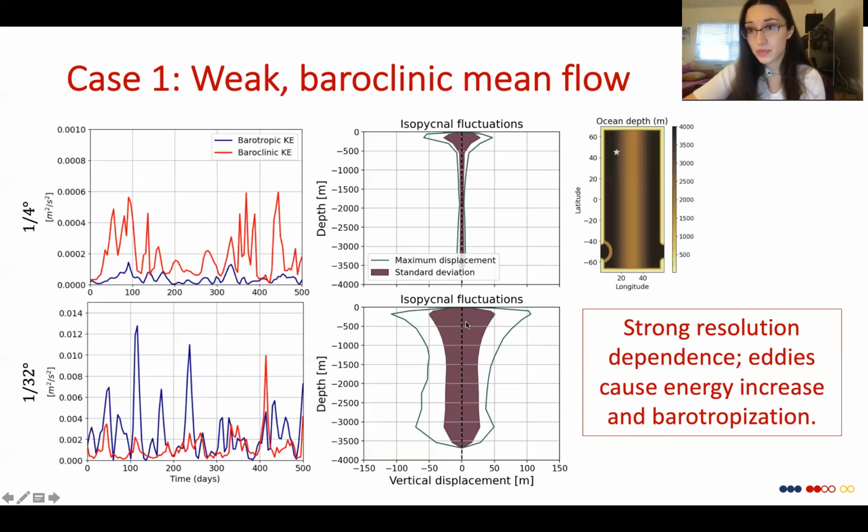Rather than being predominantly surface intensified, as in the low resolution case, we now see that the isopycnal fluctuations are strong, up to tens of meters at very deep parts of the domain. So here we see that resolving eddies really changes the vertical structure and leads to enhanced barotropization.